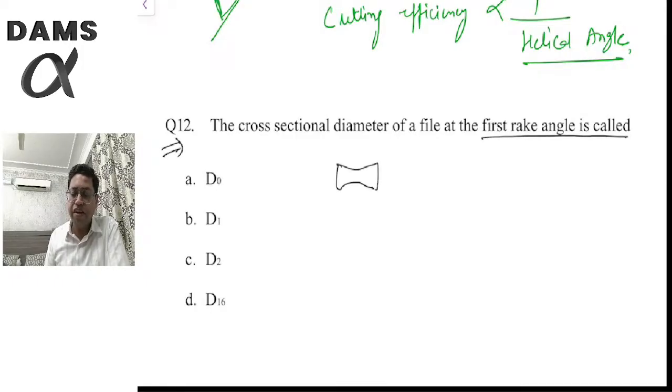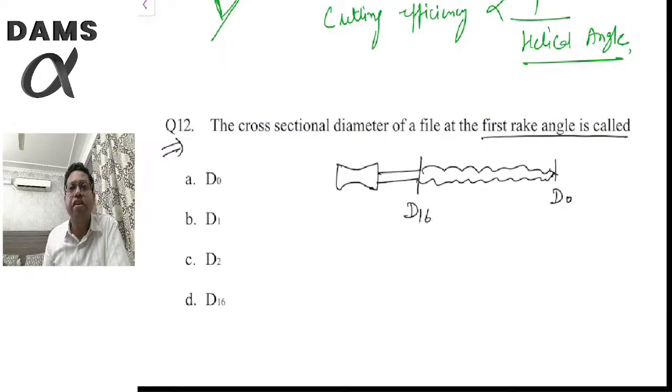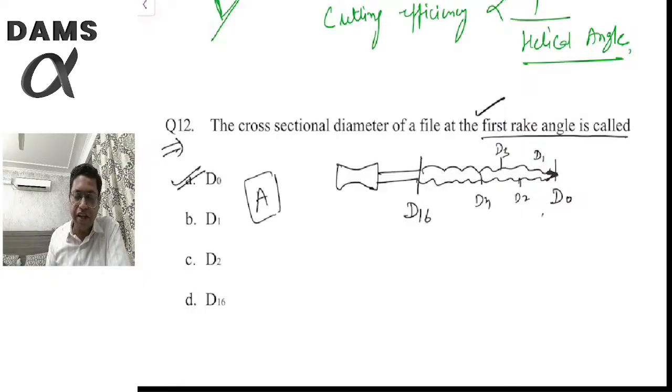An endodontic file has a structure like this, and according to the latest ISO norms, at the first rake angle, it is called D0, and at the end of the blades, it is called D16, designated as D1, D2, D3, D4, so on up to D16. The question is asking at the first rake angle, or at the tip of the instrument. The first rake angle means at the tip of the instrument. It is D0. Option A.